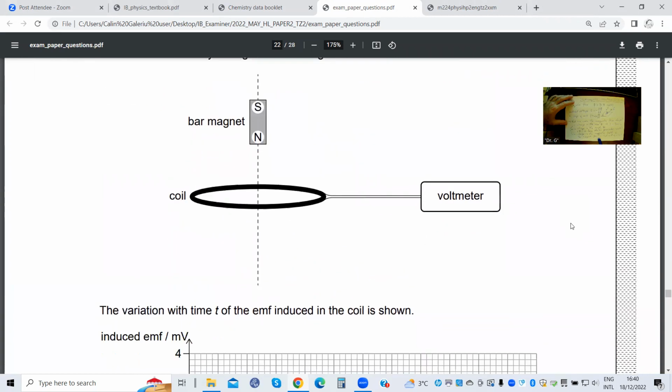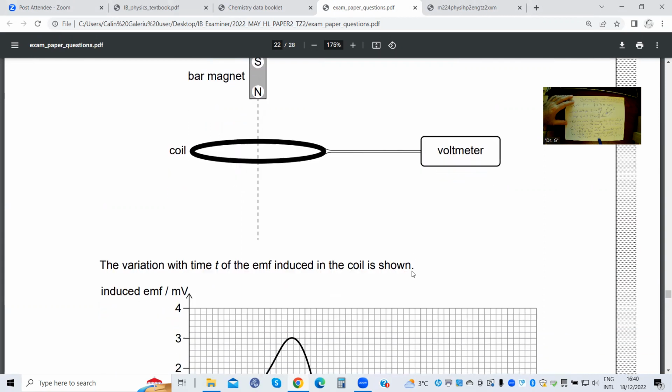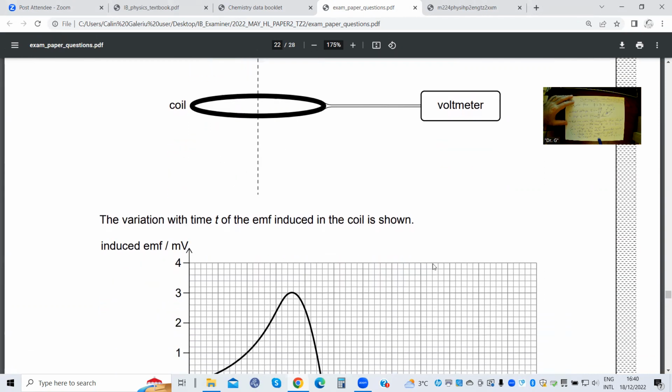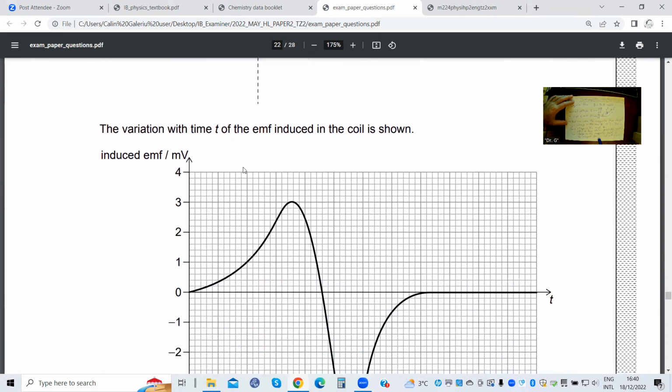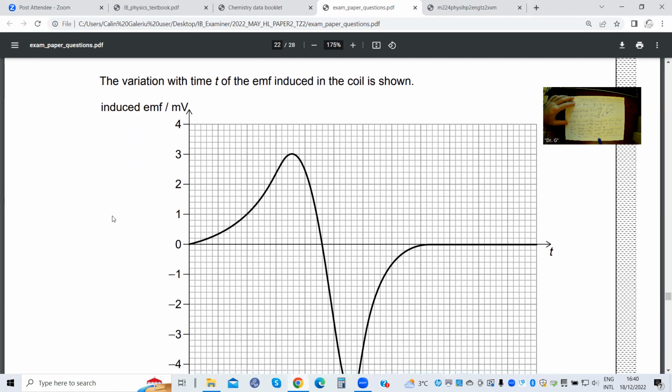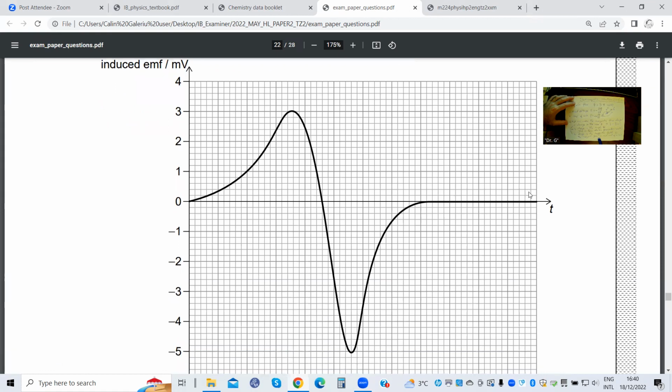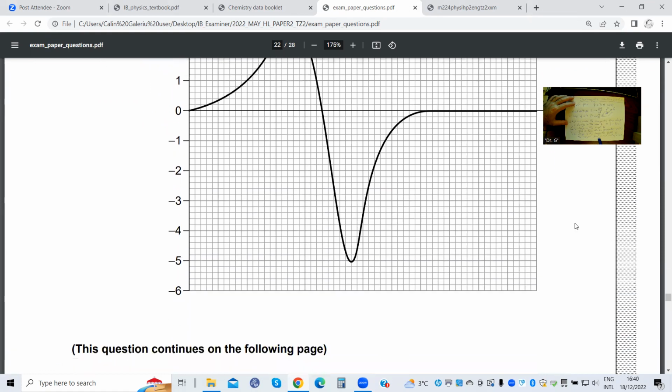Okay, so the magnet first approaches the coil, then enters the coil, then exits the coil and falls farther away. The variation with time t of the electromotive force induced in the coil is shown. Induced EMF in millivolts as a function of time.